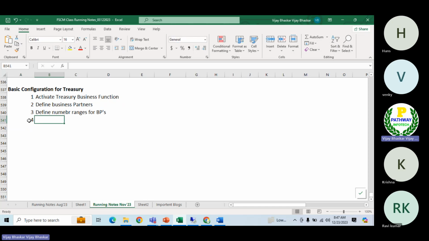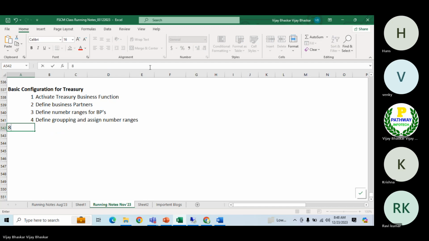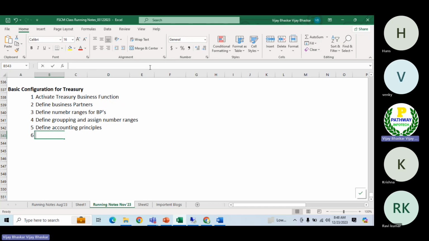Then define accounting principles. Then assign accounting principles to ledger.